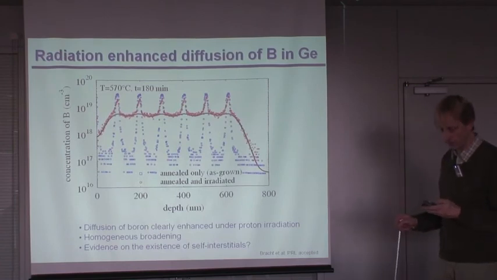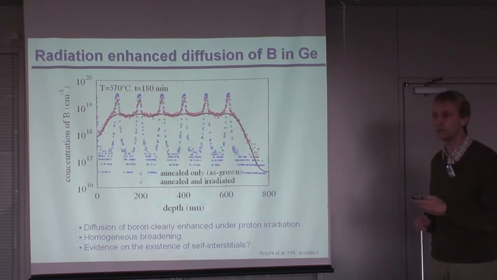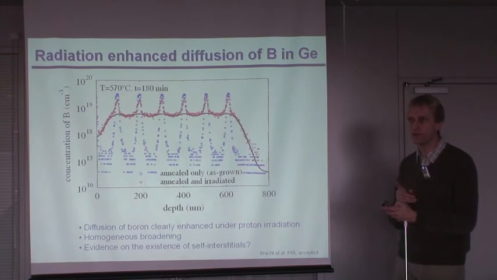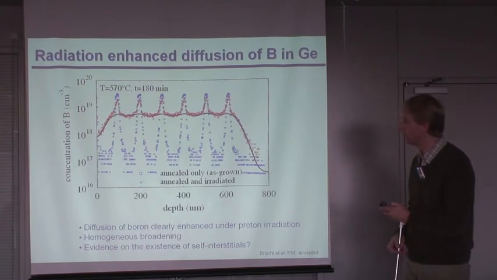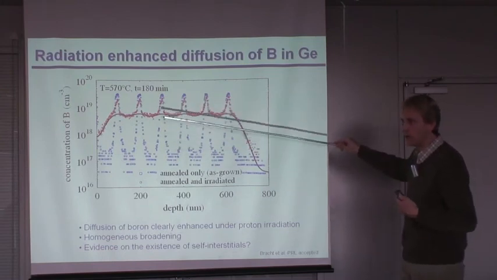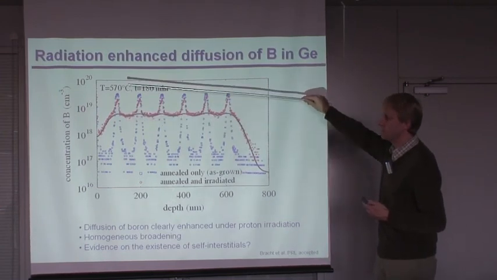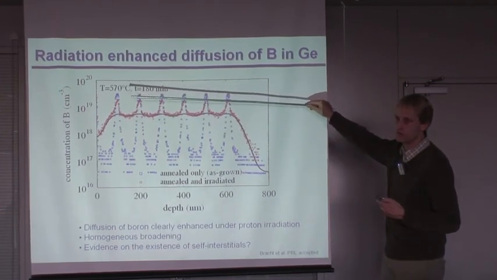But it's not a clear proof yet. In order to make the proof of principle, maybe you remember that the n-type dopants, like phosphorus, move via phosphorus-vacancy pairs. So now in our scheme, in our understanding, in these experiments you create a huge supersaturation of self-interstitials.